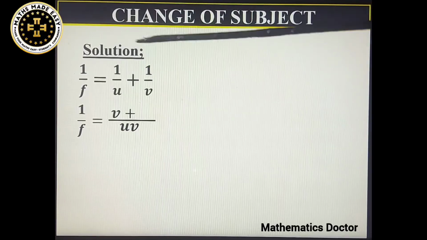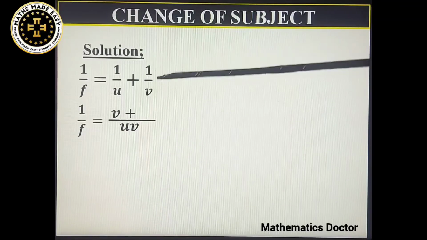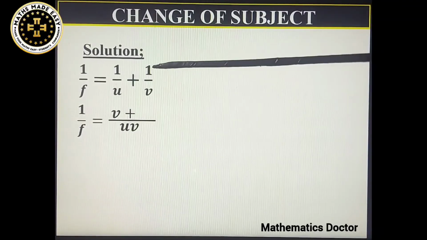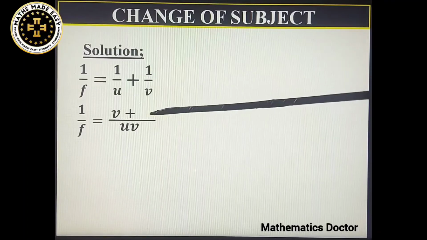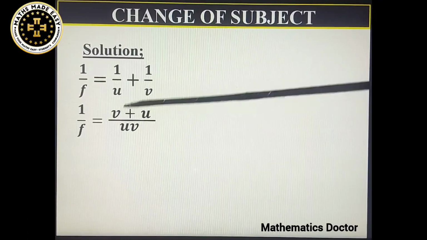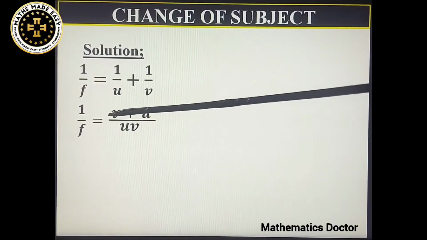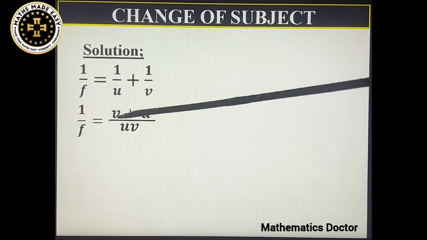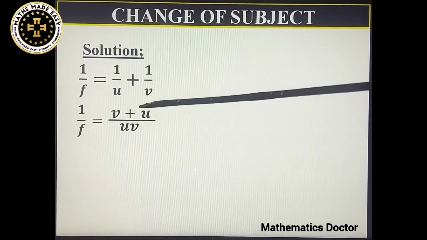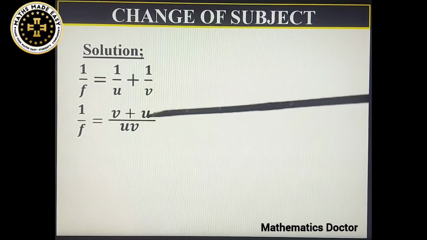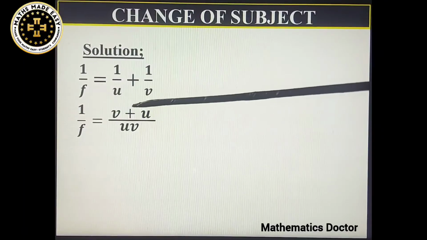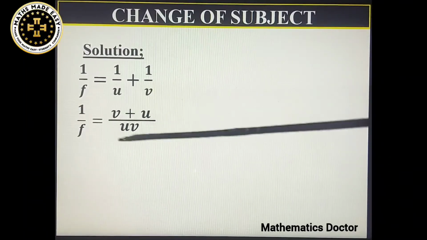Now u will move to the numerator part of the fraction to multiply the 1. So this u multiplying 1 will give us u. So we bring the u to this side. You can see that it is just like cross multiplying at this side to get the numerator value. So v times 1 is v, u times 1 is u. So we end up getting a simplified fraction, which is v plus u all over uv. That is a single fraction.